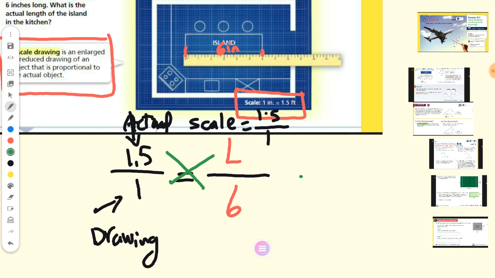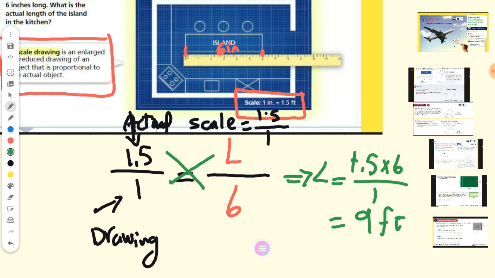So L equals 1.5 multiplied by 6 over 1, which equals 9. 9 what? In the actual feet, exactly. So the drawing length is 6 inches, but in actual life, its actual length is 9 feet. Okay, this is the first example.